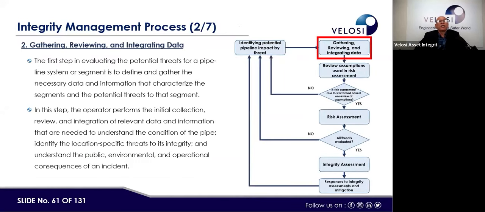Gathering, reviewing, and integrating data is a big subject. When a pipeline is designed, it has a big set of documents, starting from the topographical survey and pipeline route, then development of the PFDs, heat and material balance, pipeline sizing, hydraulic calculations, wall thickness calculations, stress analysis, then road crossings.